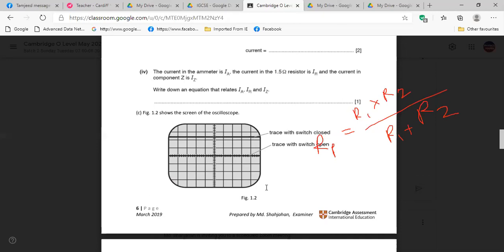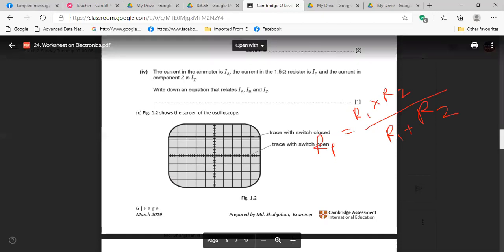So what should be the equation? Is it IA plus IR plus IZ? Yes, IA equals IR plus IZ. Correct. You are right. Then next, continue, please.